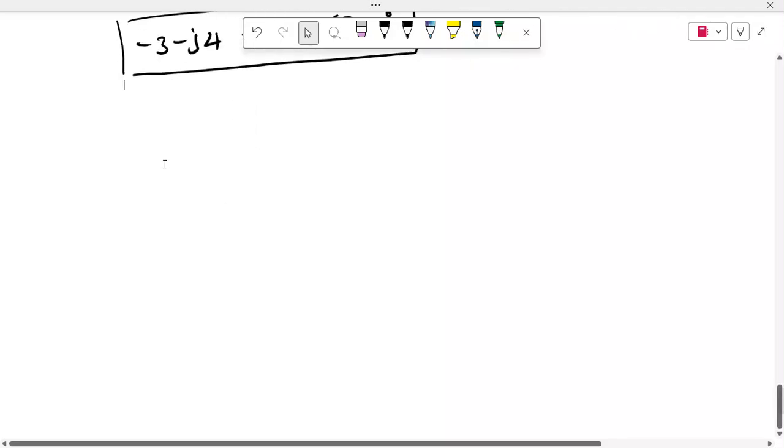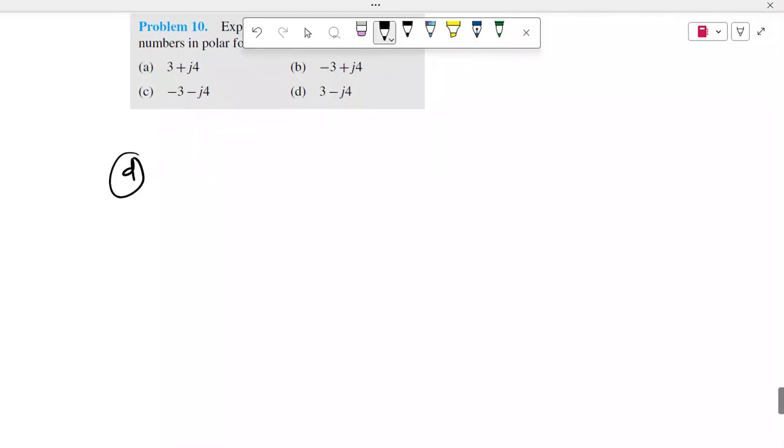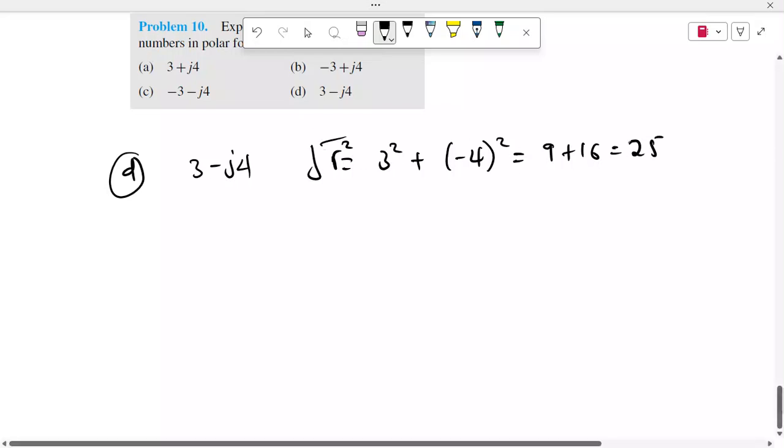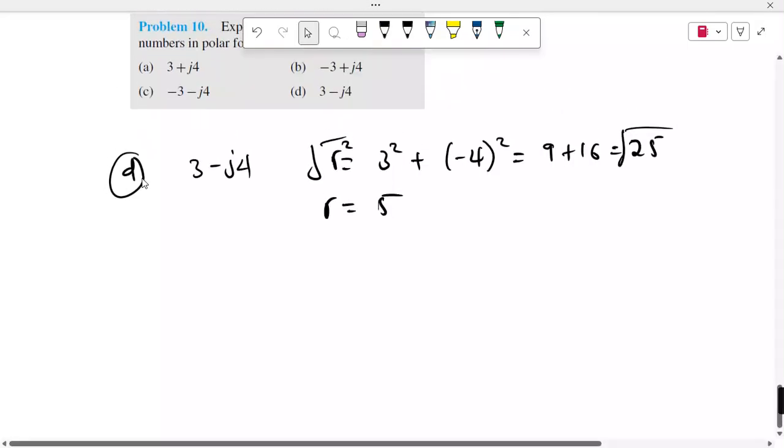Okay, let's go to part D. So part D is 3 minus j4. Okay, so first you get r squared equals 3 squared plus negative 4 squared, which is 9 plus 16, which is 25. And you take a square root of 25. r equals 5. It's not always, but it's just this question. They might give you whatever number they feel they can give you.